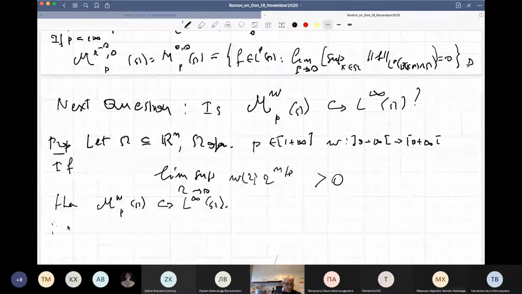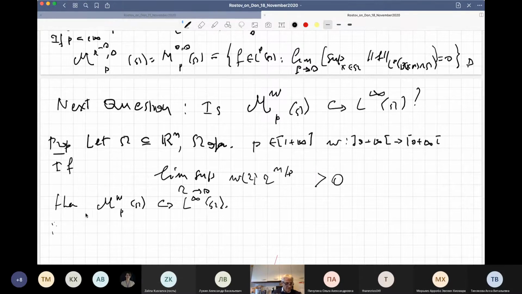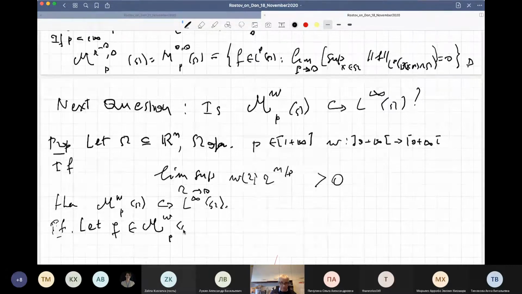Proof. We do some of them, not all of them, but at least some of them. This proof goes through the Lebesgue differentiation theorem, so maybe we want to make a remark. So we take a function f in the Morrey space, and we want to show that it is essentially bounded. So let f be in Morrey W P omega.